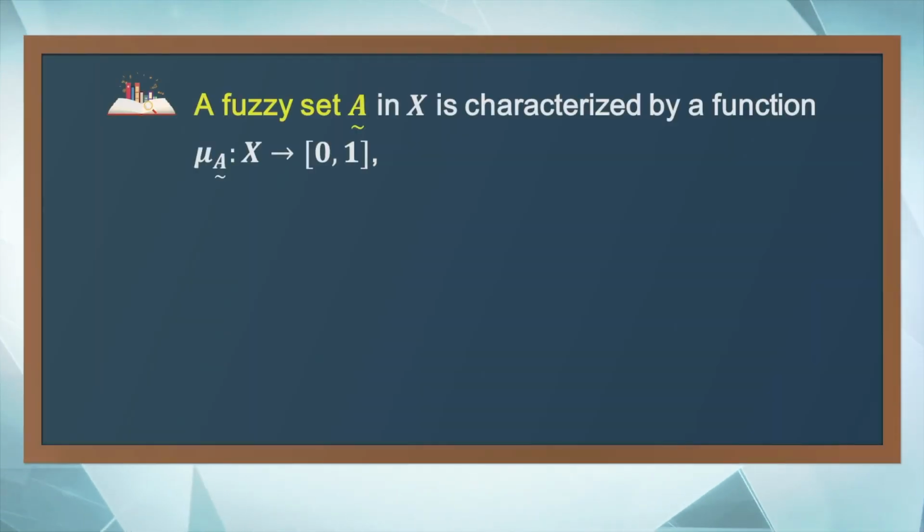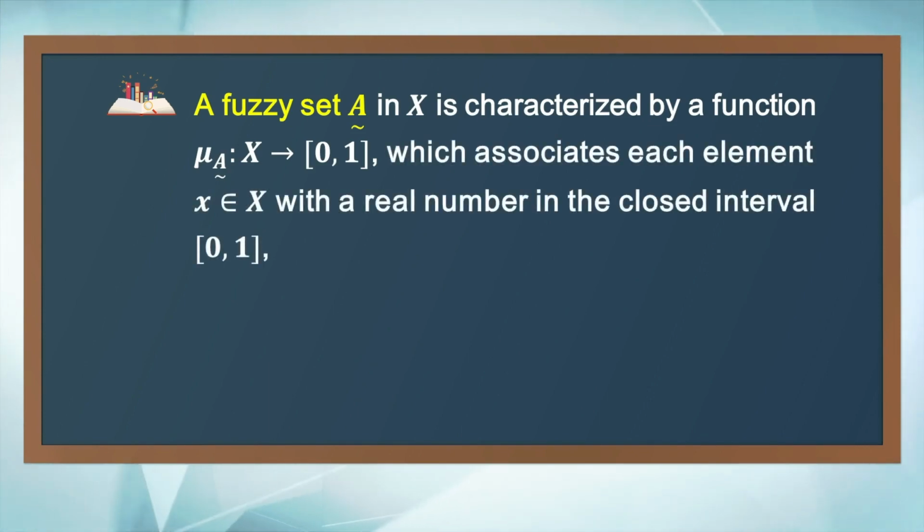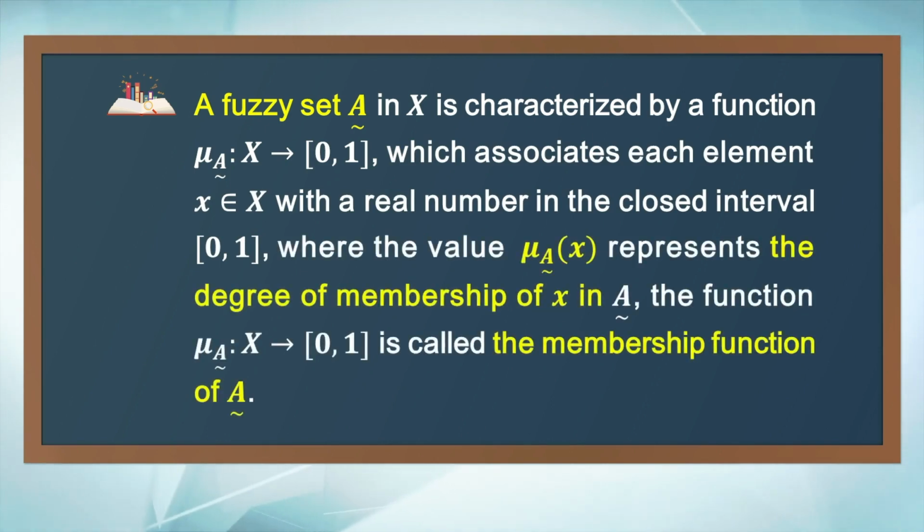A fuzzy set A in X is characterized by a membership function mu sub A from the universal set X to the closed interval from 0 to 1, which associates each element x with a real number in the closed interval from 0 to 1, where the value mu sub A of x represents the degree of membership of x in A. The function mu sub A is called the membership function of A.